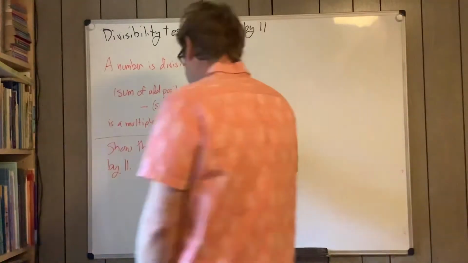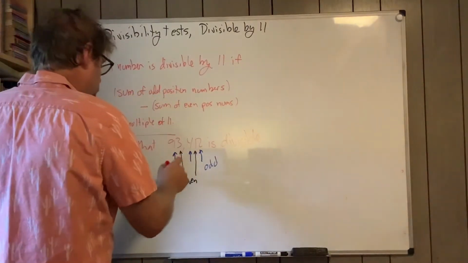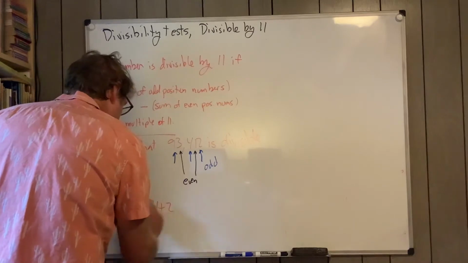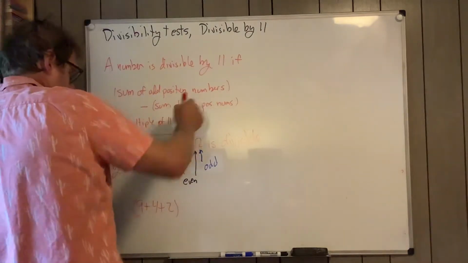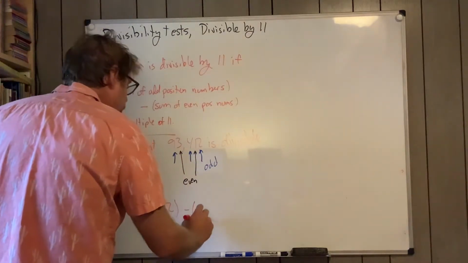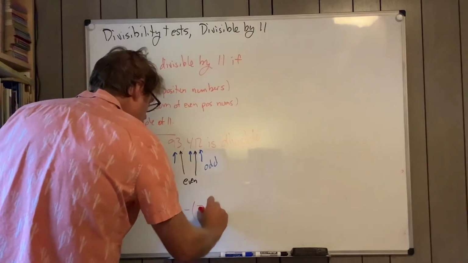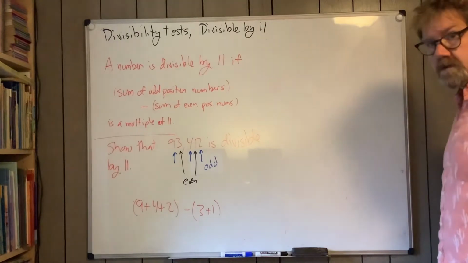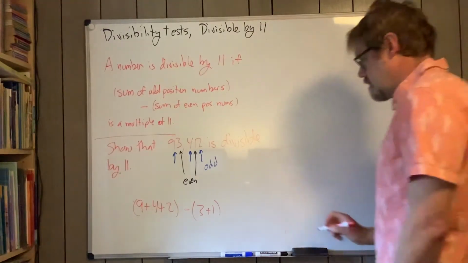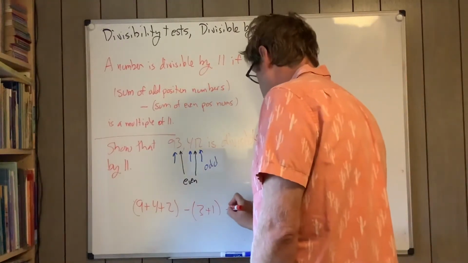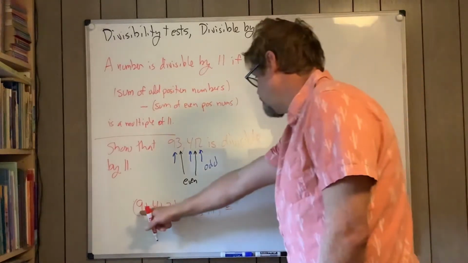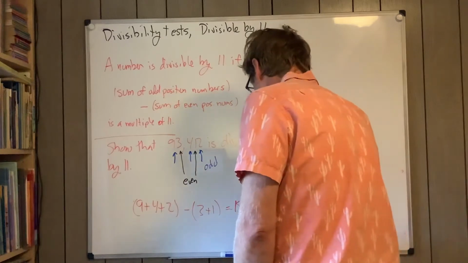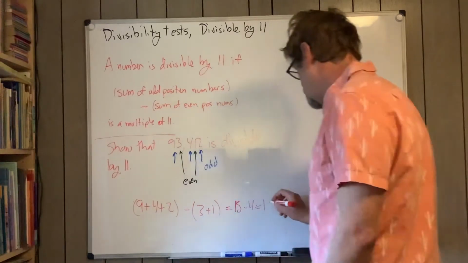All right, so now here's what I'm going to do. The odd position numbers are 9 plus 4 plus 2, the 1, 3, and 5 positions, minus 3 plus 1. In this, I get 15 minus 4, which is 11.